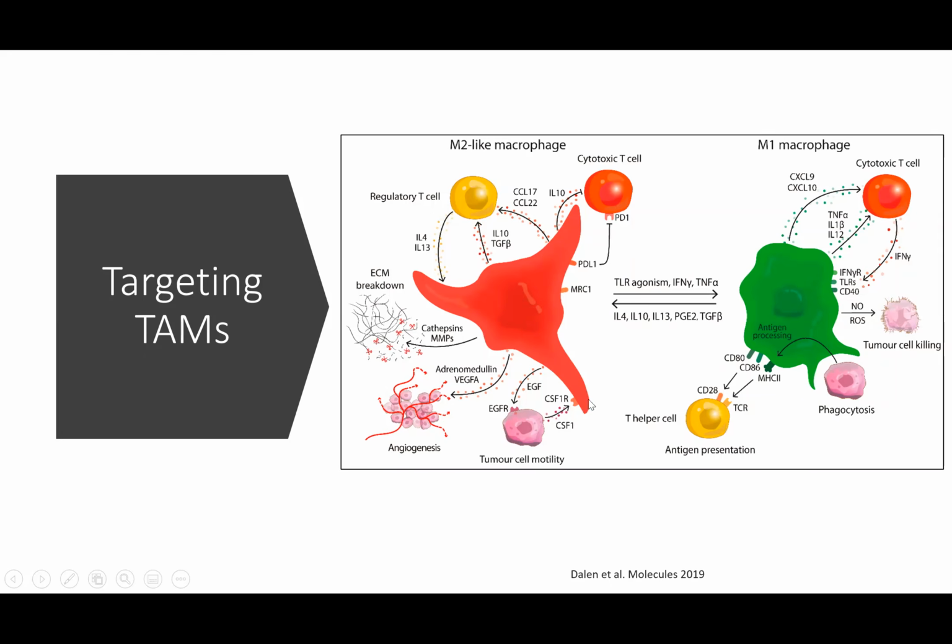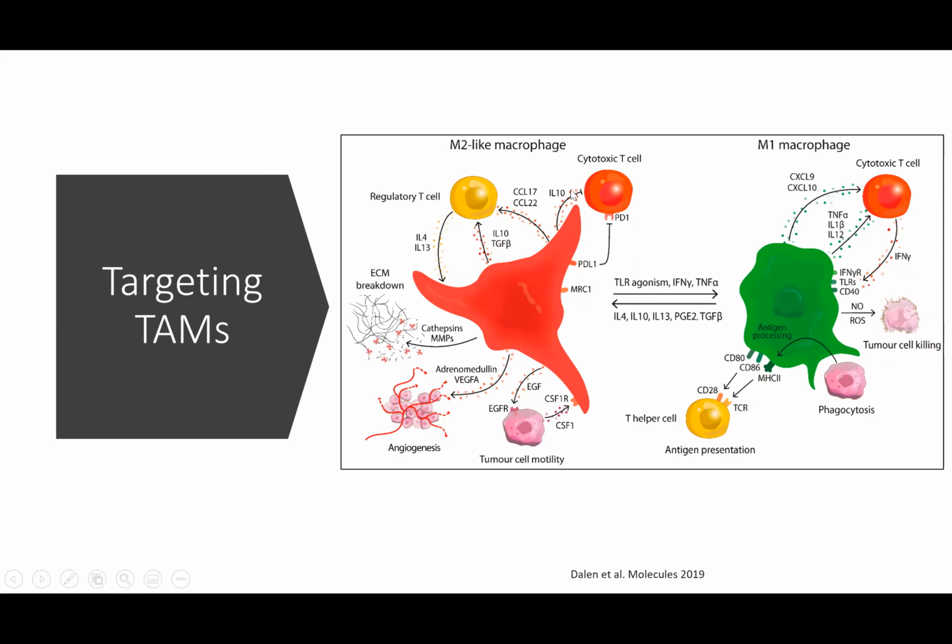So cancer cells secrete some factors here, like colony-stimulating factor 1, that interact with the complementary receptor on macrophages. This will lead to repolarization of macrophages from M1 to M2. These M2 have a protumoral phenotype, that means they have an immunosuppressive effect on the T cells.